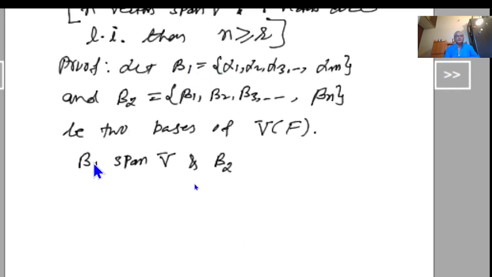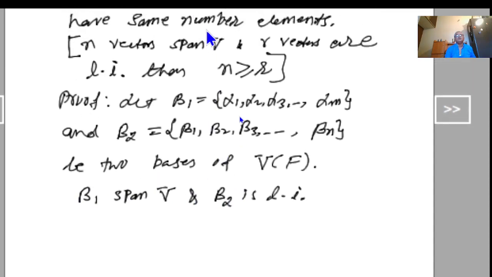I will consider only that B1 spans V. B2 is also a basis, that means B2 is linearly independent and B2 spans V. Here I will consider only that B2 is linearly independent. So here B1 spans V, and B2 is linearly independent.